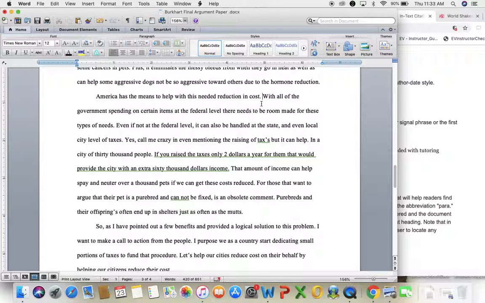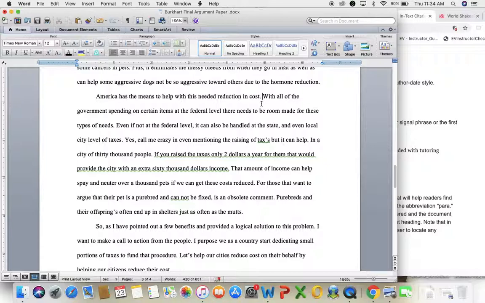I would be surprised if the federal government was allocating money to this, because it just seems like it would be really low on their list. I don't know if any states are doing anything. If any states are doing it, I doubt that as well.